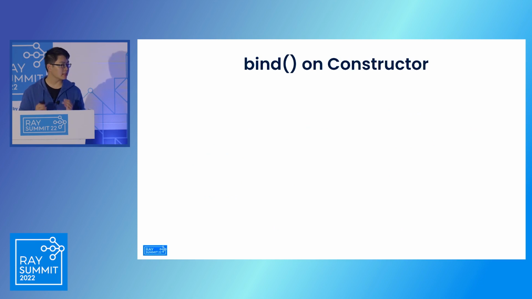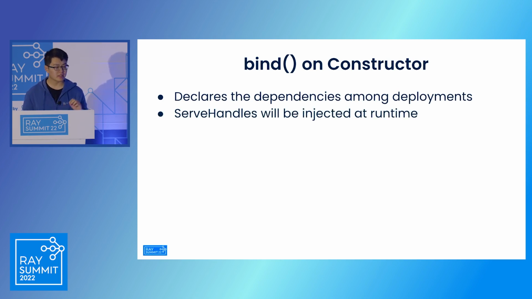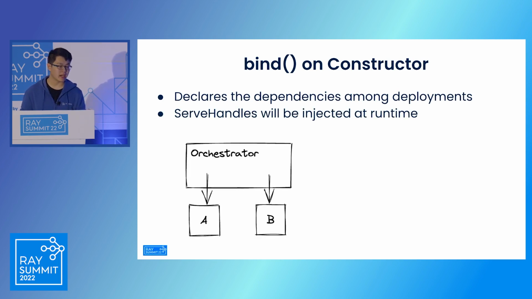So let's take a look at bind on constructor. Bind on constructor helps you declare dependency among the deployments. In particular, it will inject the serve handle at runtime. Take a look at this example where the orchestrator depends on deployment A and deployment B. In our API, you can just specify orchestrator.bind, A.bind, and B.bind.